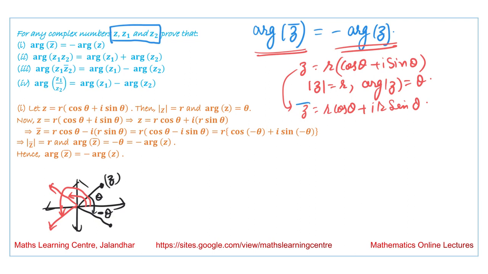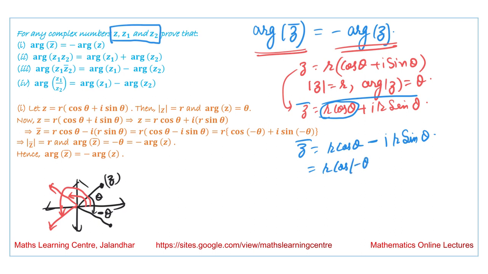Now, if we take the conjugate, we will obtain z bar is equal to r cos theta, which is just a real number, minus iota r sin theta. This is equal to r cos of minus theta plus iota r sin of minus theta.